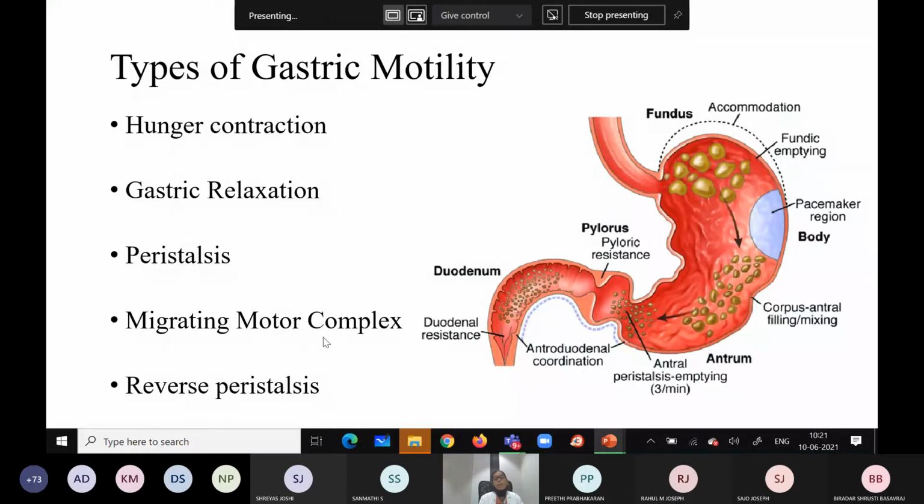One contraction for every 90 minutes, and the function of this contraction is to clean up whatever is remaining in our stomach. Even in the intestine the same type of movement occurs. So they will clean whatever remains, and prepare our stomach and intestine for fresh food which will be ingested after 2 to 3 hours, isn't it?